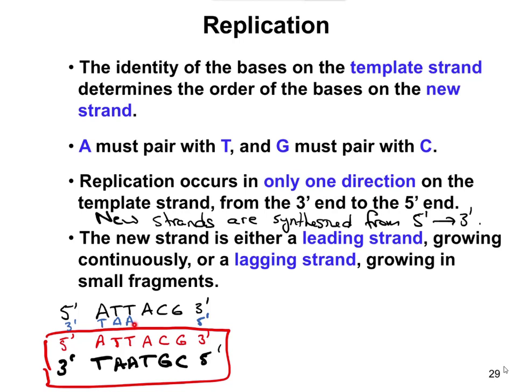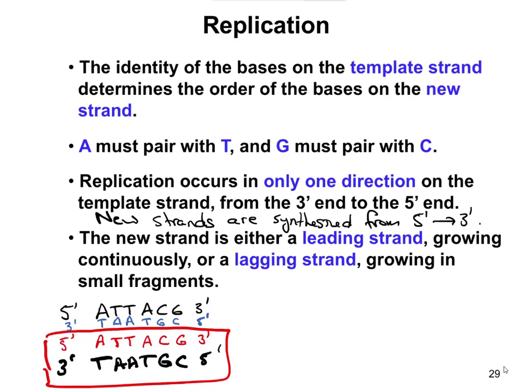It's going to grow this way. So first the A, then this A, and then the T. So it's going to grow in this way. And then more of it gets unwound, and then you're going to have a C, a G, and a T. And it goes this way.